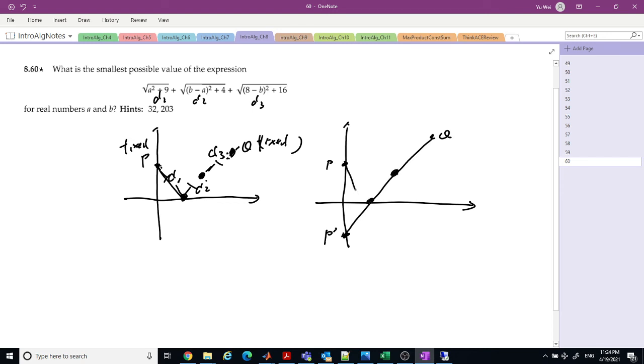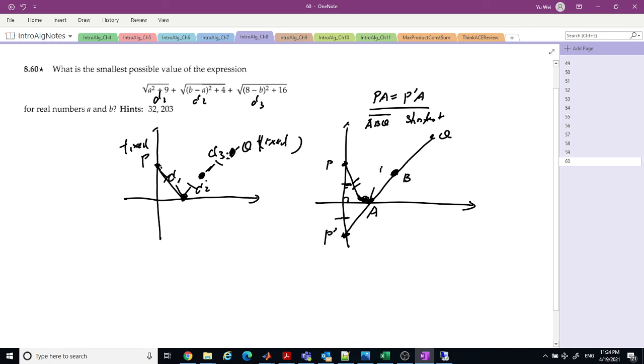So now you can see the AB. So PA equals P prime A, right, by the symmetry. Then ABQ is a line, right? So ABQ is the shortest.